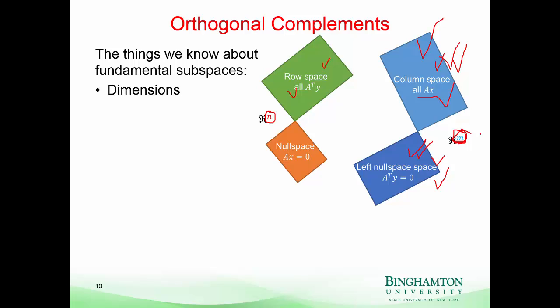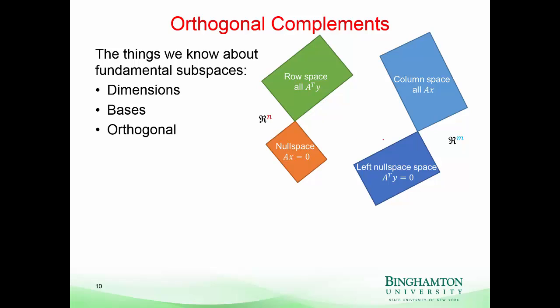And notice that those dimensions in some sense kind of fill up the full space, because they add up to the dimension of the full space. So we know that. We also know all about the bases of these. So if I give you an A matrix, you can find the bases for all four of these things. You know how to do that. We know that they are orthogonal to each other.